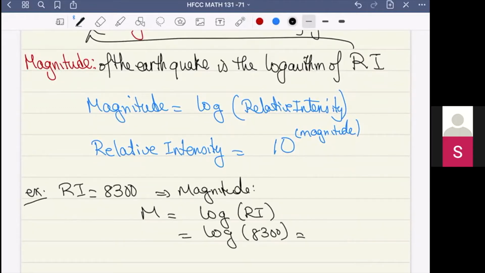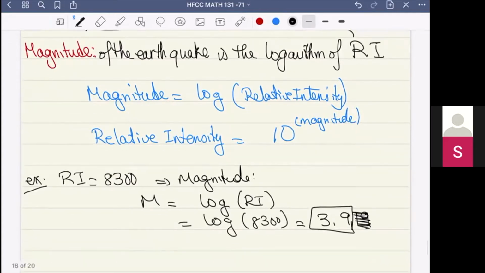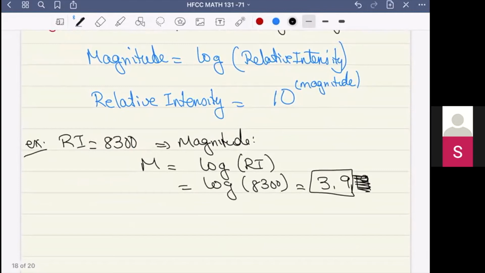And we do that on the calculator, it'll be 3.919 and so on. But the magnitude is also always rounded to one decimal place. So the magnitude will be 3.9. Okay, simple as that.